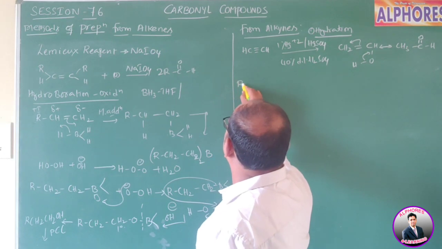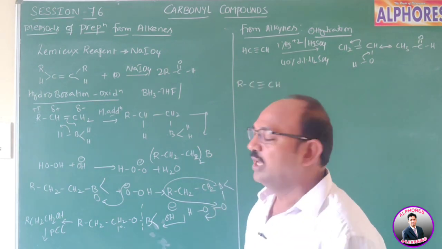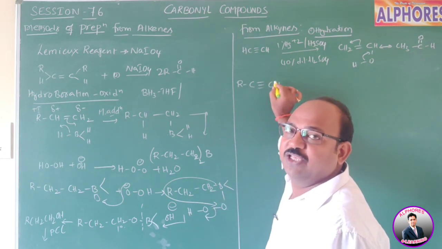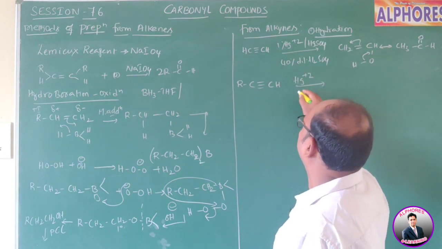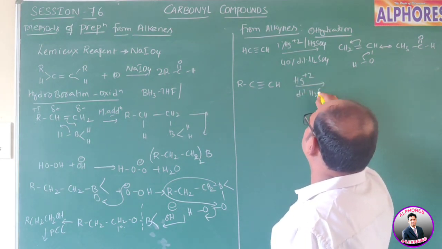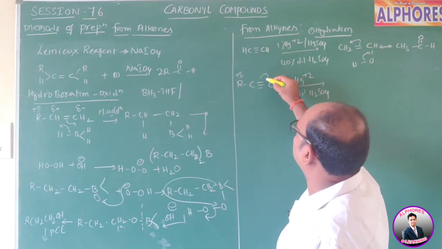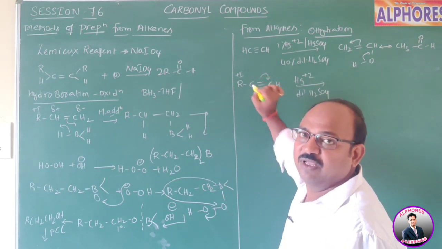Now I am going to consider RC≡CH. Here one triple bond carbon is attached to an alkyl group, and the other triple bond carbon is attached to hydrogen. This upon Hg2+, means addition of water using dilute sulfuric acid. Again, this alkyl group is a +I group, so pi electrons are shifted towards this carbon, hence the water molecule has to come and attack this carbon.